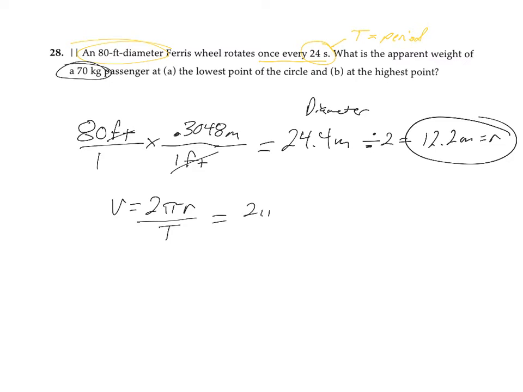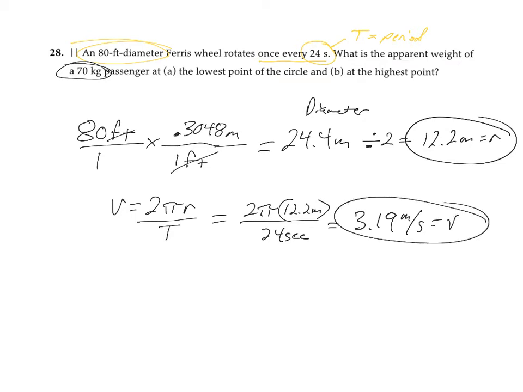And so 2 pi times the radius, 12.2 meters, and the period we said was 24 seconds. So to the calculator I go. And I get a velocity of 3.19. I don't know why I didn't go to 3.2, but that's my velocity.